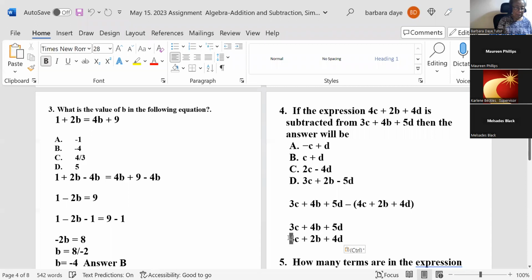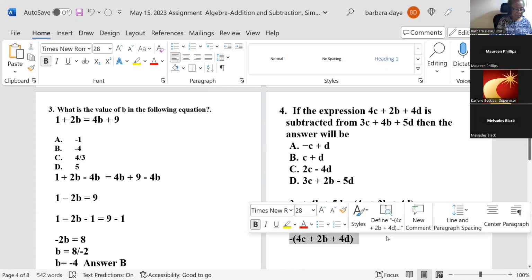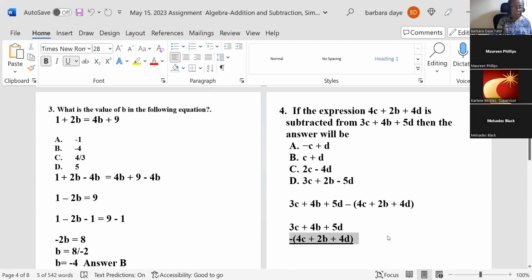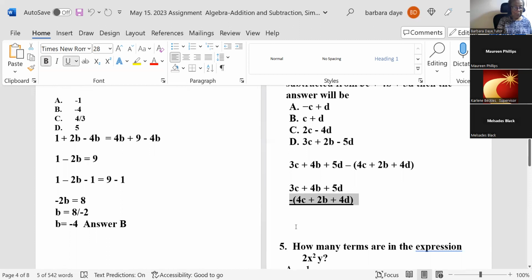But this is a subtraction, so let's put minus and put this in parentheses. It tells you that you will be changing those signs. Now, which way do you like best, the horizontal or the vertical? Okay, so you want to do the vertical one. Let me draw a line underneath it, and you tell me what the answer is.